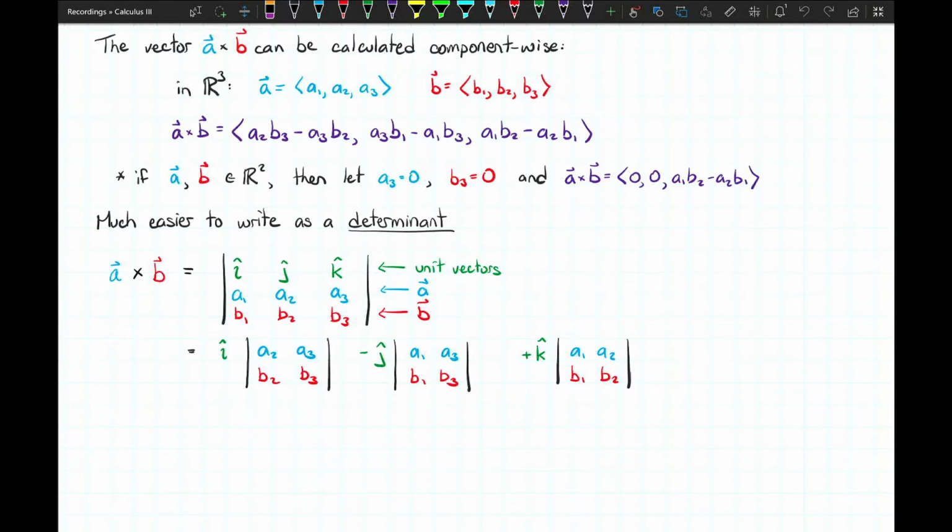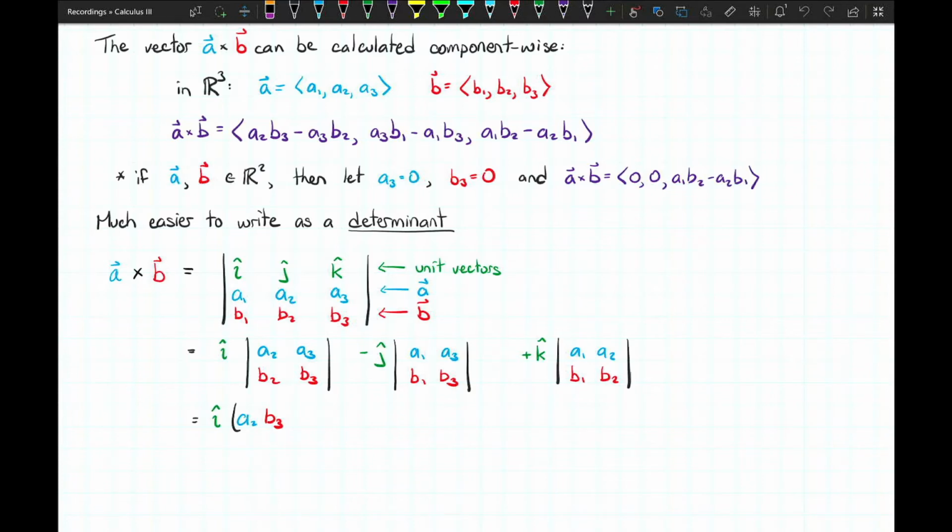Now we've taken this 3 by 3 determinant and broken it down into 3 separate 2 by 2 determinants. And then we can repeat the same process again. Let's start off with this first term. We already have i hat. For the determinant of the 2 by 2 matrix, we're going to start off with the entry in the first row and first column, which is going to be A2. We're going to eliminate the first row and first column, and that just gives us B3, which is just a single entry. So that'll be A2 times B3. Now we're going to go to our second term in the determinant.